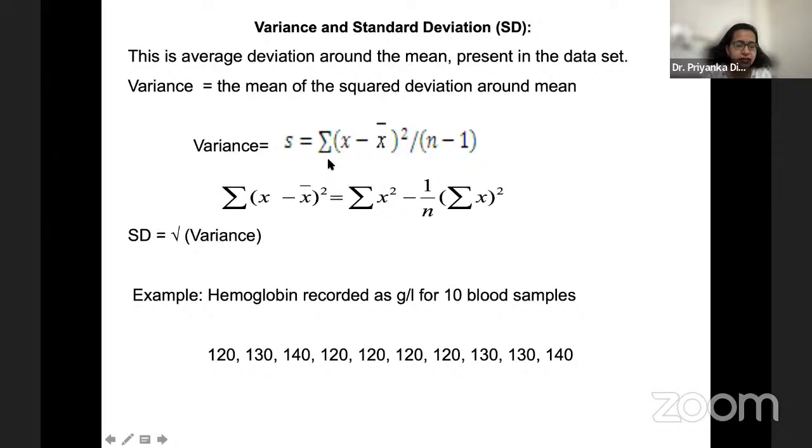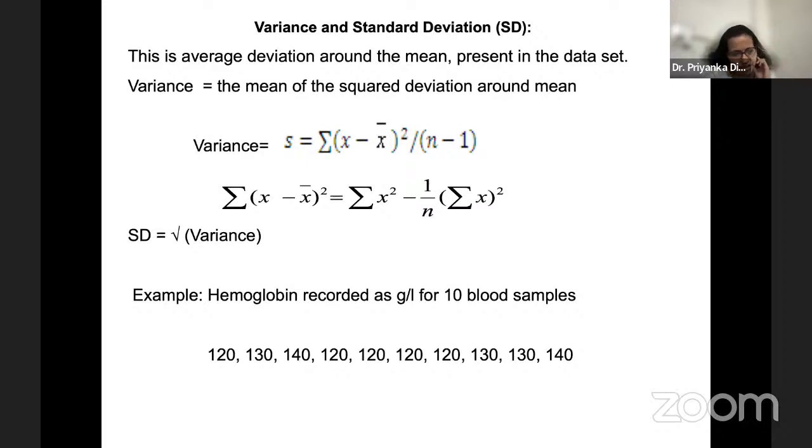Why have variance and standard deviation been used frequently in various papers and articles? Because they are among the best indicators to measure how much variation is present in the data set.